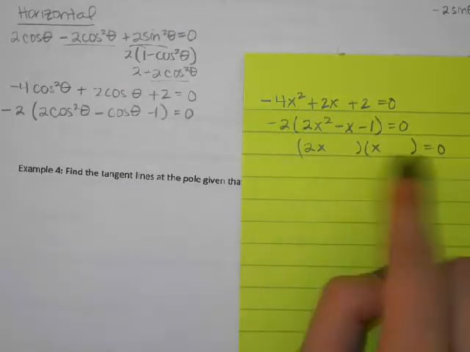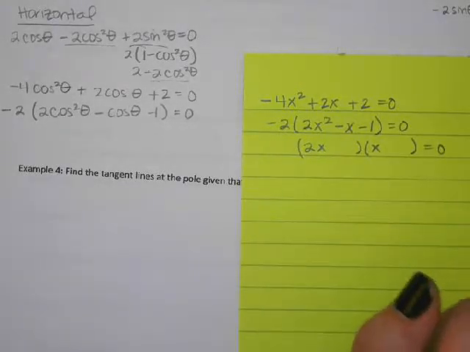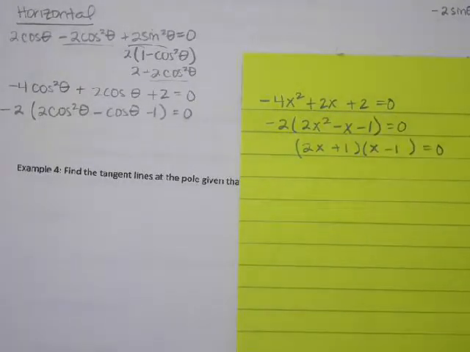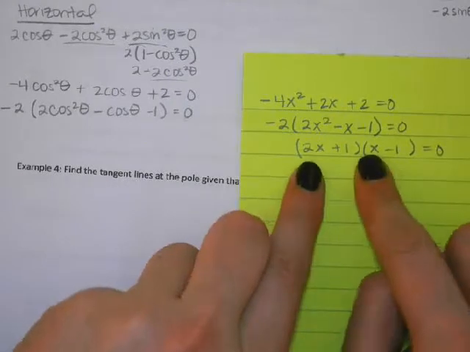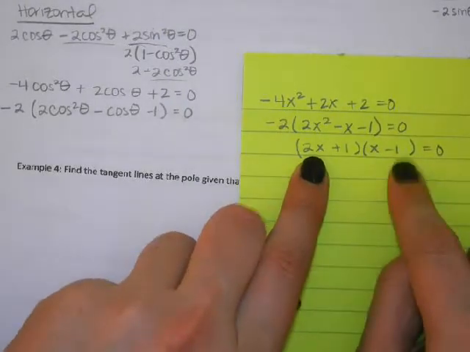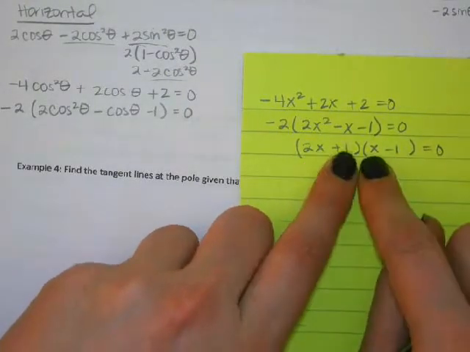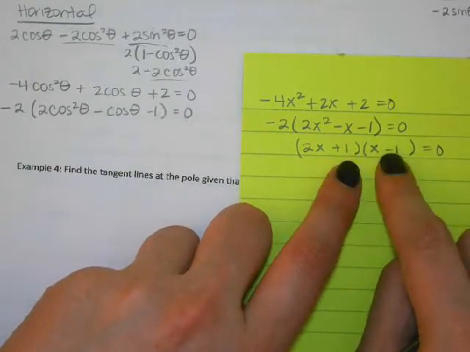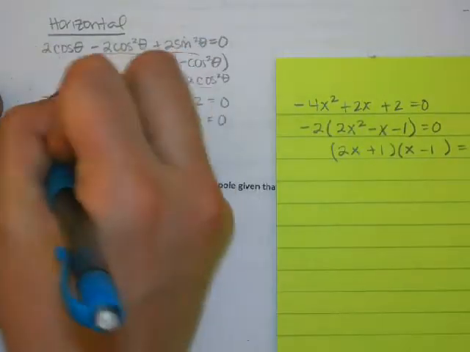So where do you guys want to put the plus? Where do you want to put the minus? You pick. So we can just check to see if it works. So we got 2x squared minus 2x plus 1x minus 1. So this is the one we want? Yeah. Okay.